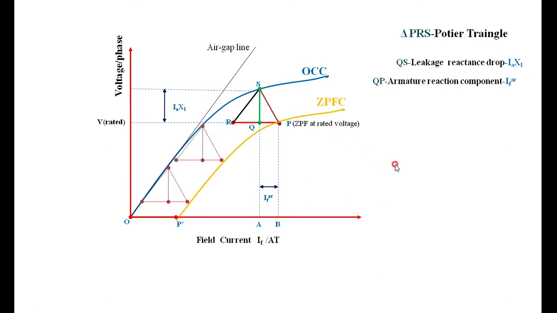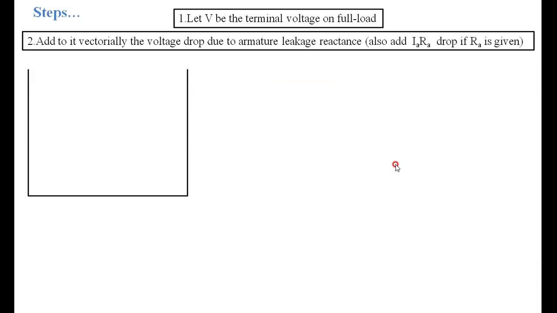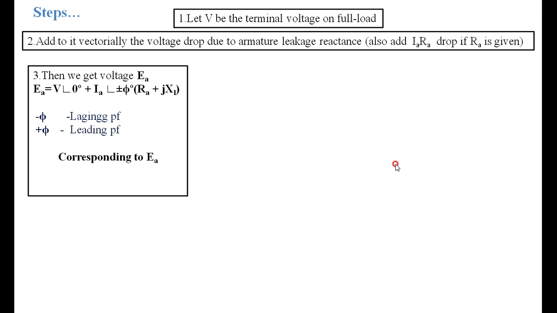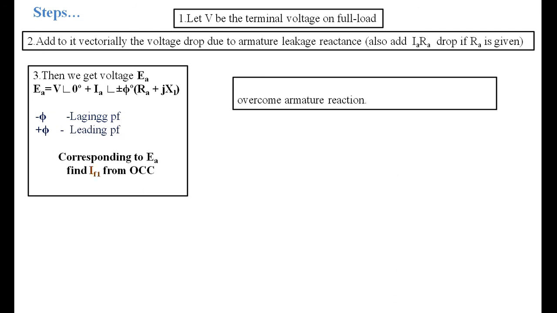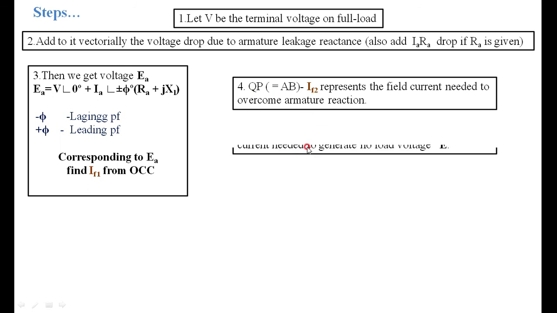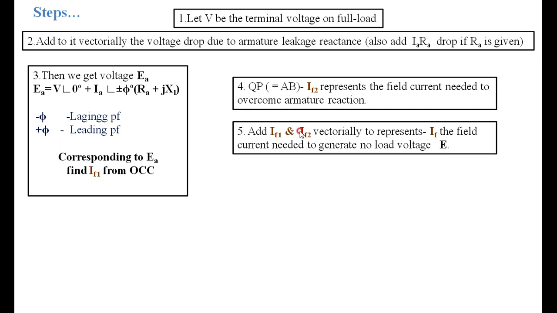Okay. Next, we are finding EA. Corresponding to EA we find IF1, and from QP I get IF2. Then once again, similar to the EMF method, you have to add IF1 and IF2 depending upon the power factor of the load, using the formula, or you can add them as phasors.